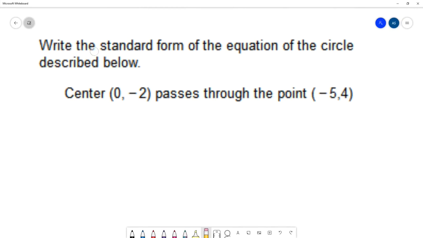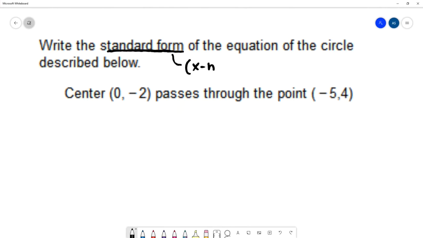For this question, we want to write the standard form of the equation of a circle, and the circle is described below. The circle has a center of (0, -2), and it passes through the point (-5, 4). So if we want to write the standard form of a circle, we need to know what that looks like.